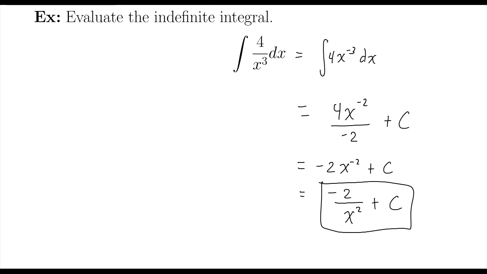Now, remember, you can always test this out as you're working it out. Let's say I want to make sure this answer is correct. Well, then just go and find the derivative of what you just found. You should get the original expression back. Let's rewrite this as negative 2x to the negative 2nd plus c.